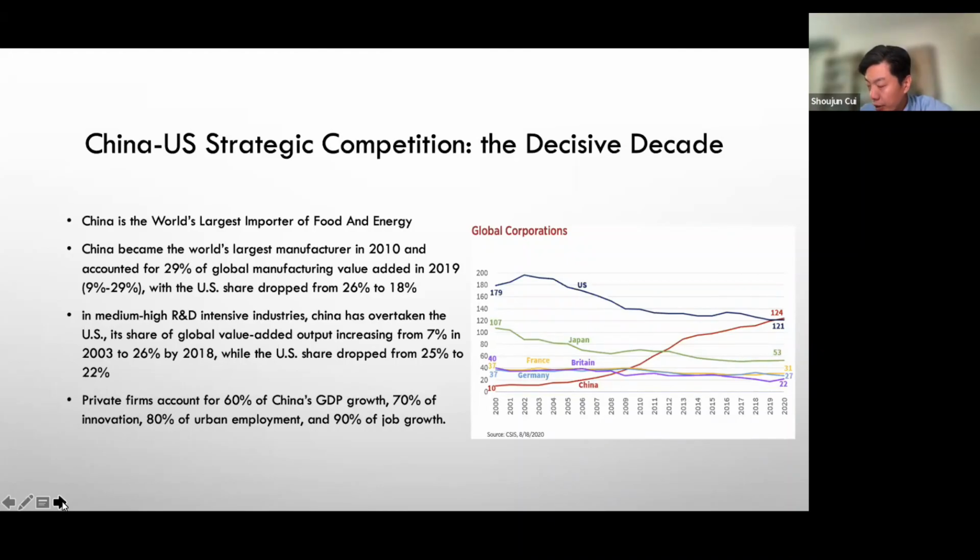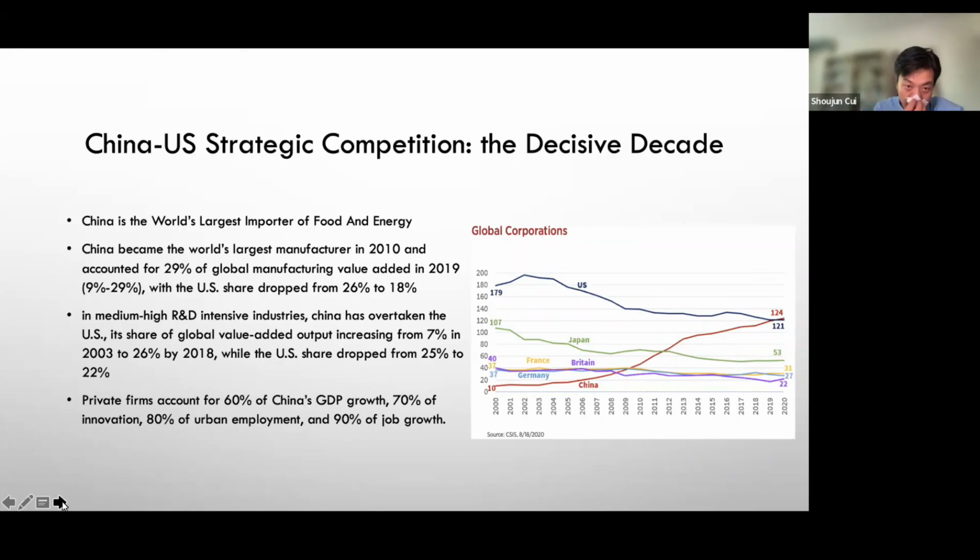From Latin America, we import a lot of beef, soybean, iron ore, copper ore, and also lithium. Chile, Argentina, and Bolivia are three countries that produce a lot of lithium, and China imports a lot as well.